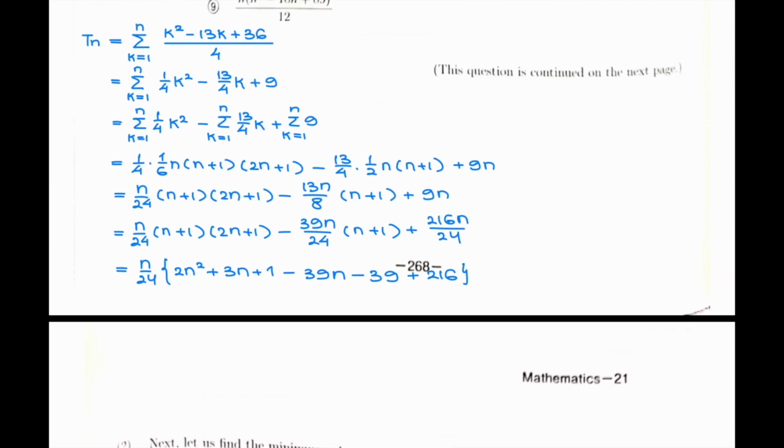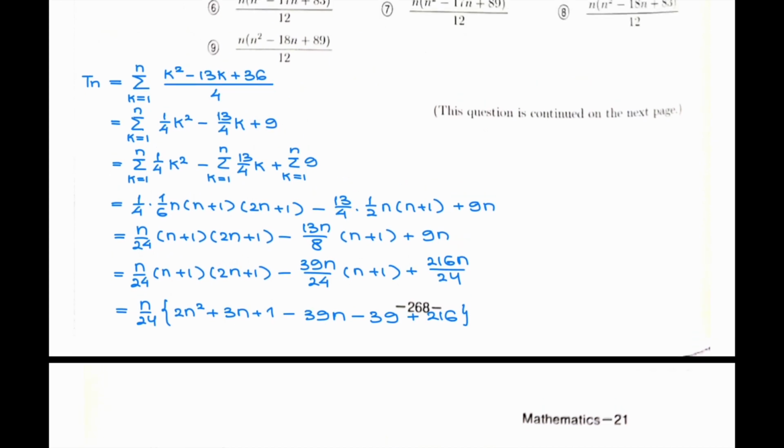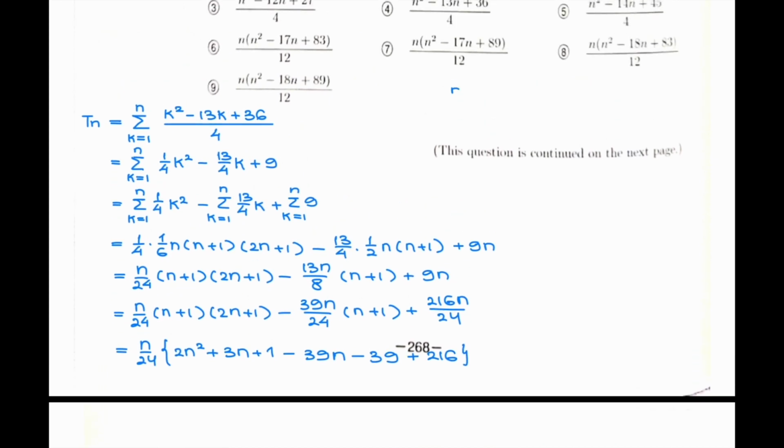If I keep simplifying the expression, I will write it down here maybe. Tn is equal to n over 24 times 2n squared, and then 3 minus 39, you will obtain negative 36n. And then for your last term, 1 minus 39, which is negative 38.